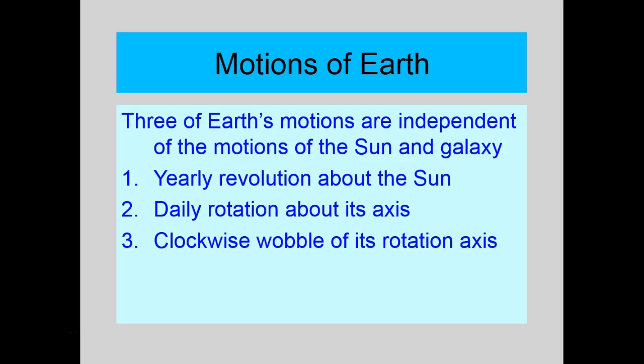So, completely different ballpark time-wise from what these are. These are years, days, 27,000 years. Okay, nowhere close. But we do that, and that's completely independent of the sun or galactic motion. Okay, now let's get the specific motions.